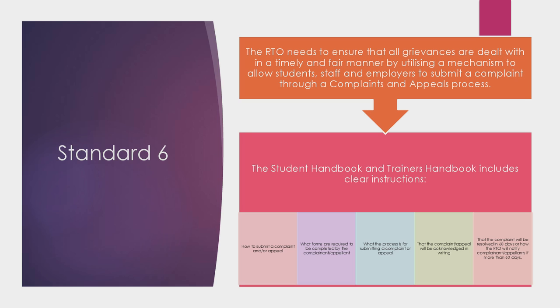There's a policy and procedure on how to submit a complaint, how to write it, so complete a complaint and appeal form. What is the process once the form is submitted to the RTO, and what will be your process? And that the complaint and appeal will be acknowledged in writing. So when you receive the complaint, you'll acknowledge it in writing.